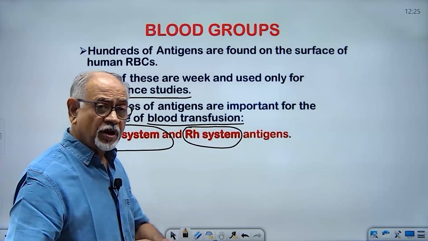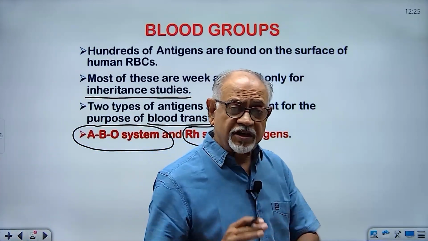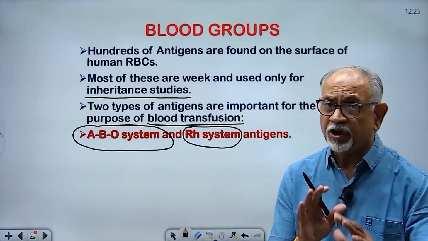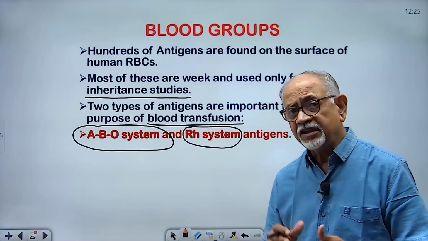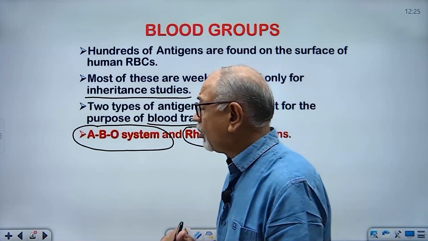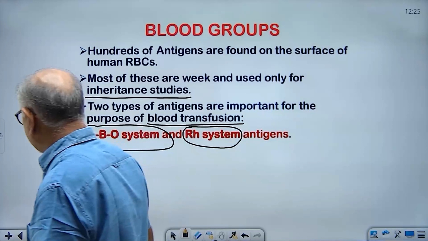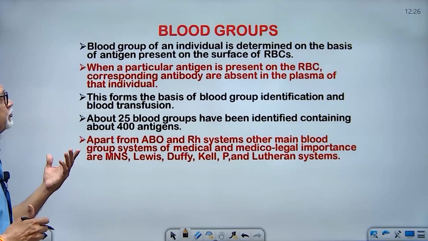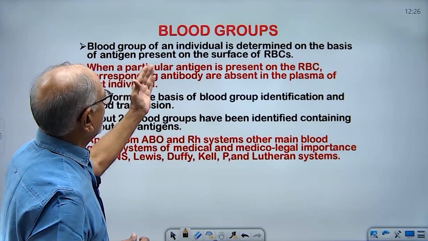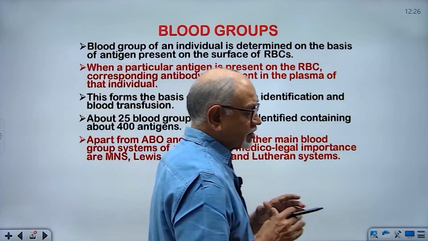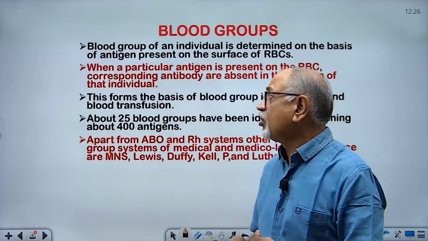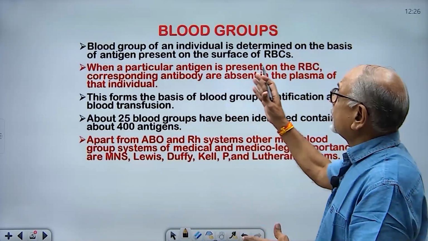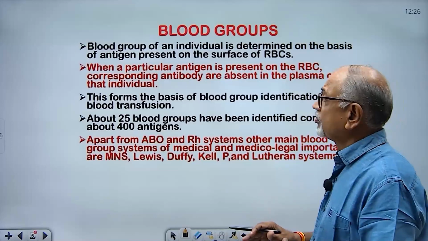That is, antigens and antibodies of ABO system and antigens and antibodies of RH system are important from the point of view of blood groups. Now, the blood group of an individual is determined on the basis of the antigen which is present on the surface of RBC.